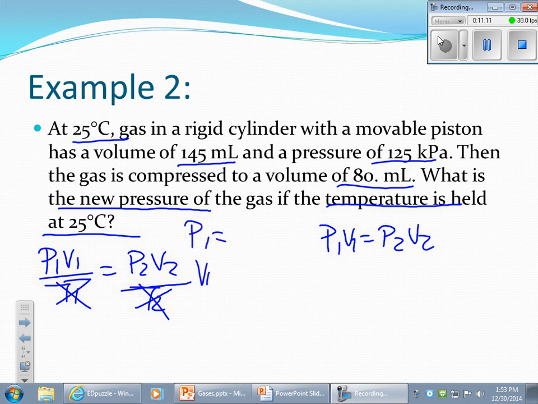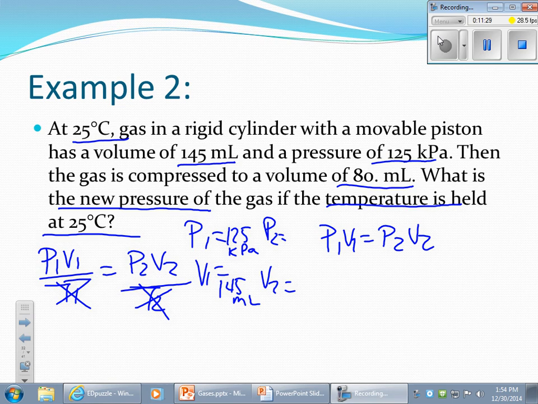So we are at a pressure of 125 kPa, kilopascals, and a volume of 145 milliliters. The new volume is 80.